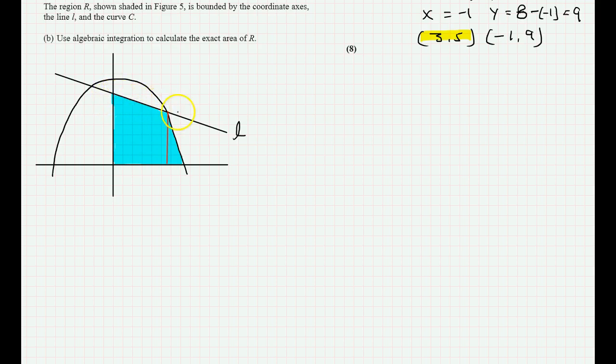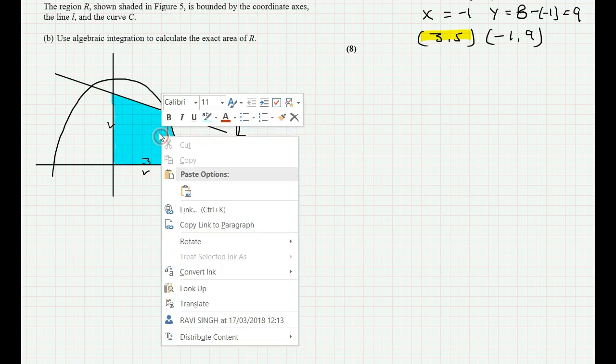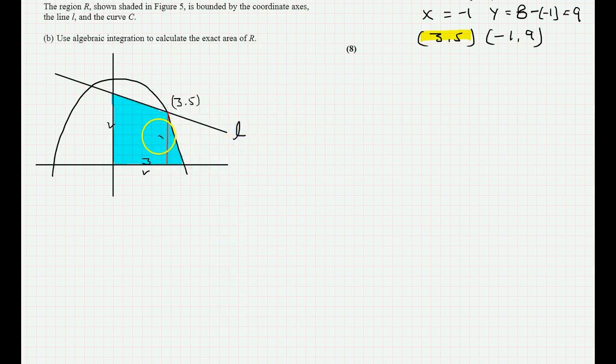First we find the area of this trapezium. In this trapezium we know that these coordinates are 3 and 5. To find the area of this trapezium, we need this side, we need this one. Now this is 3 and 5, so the x coordinate is 3 and the y coordinate is 5.